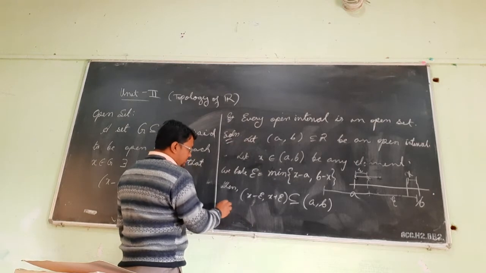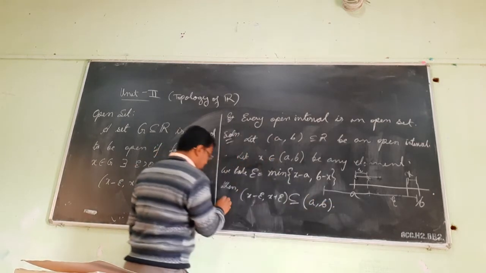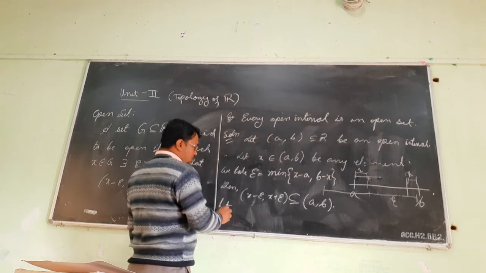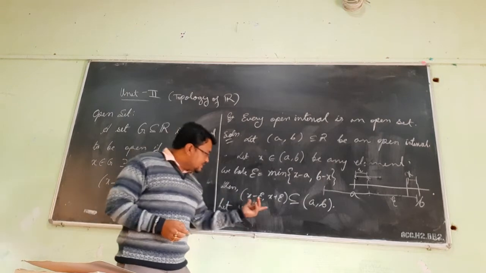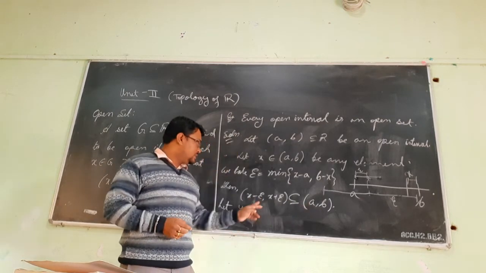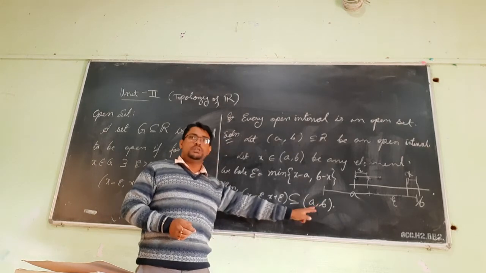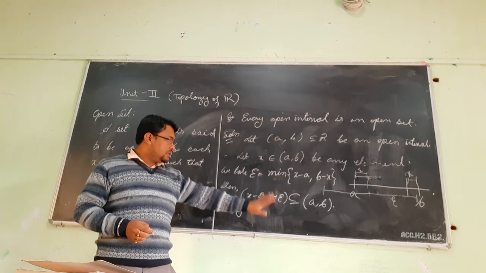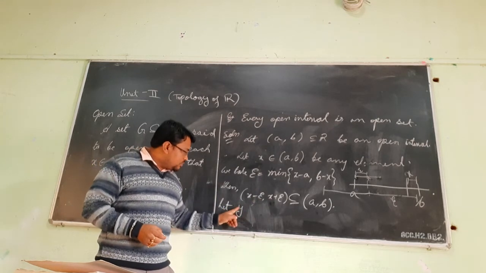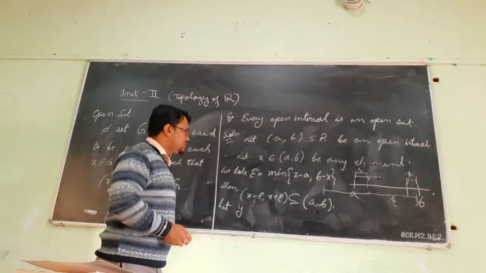To justify this, let y belong to... I have to show this set is a subset of this set. That means every element of this set is an element of this set. So I start with an arbitrary element of this set. I will start with y belongs to this, then I will show that y actually belongs to this. This is what we do.